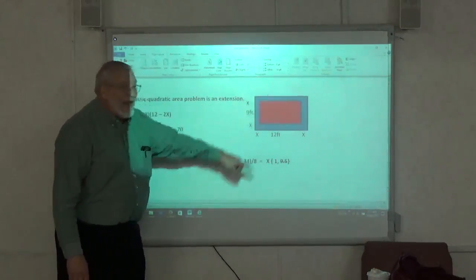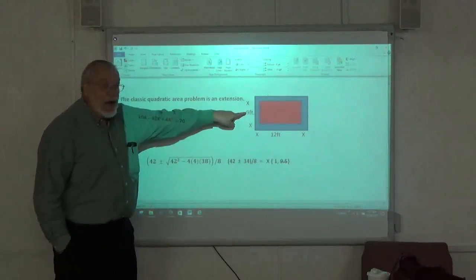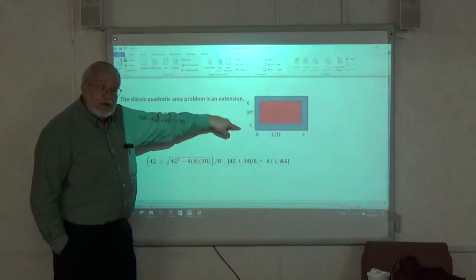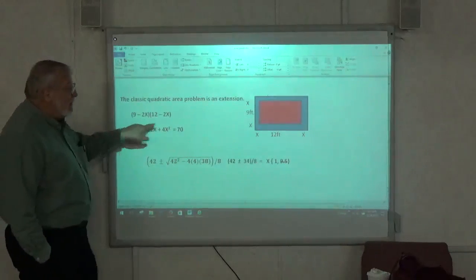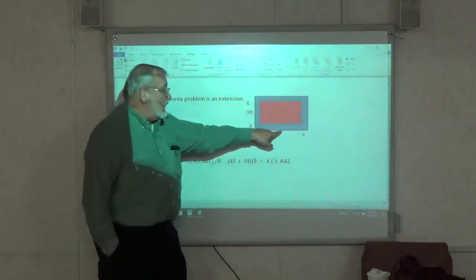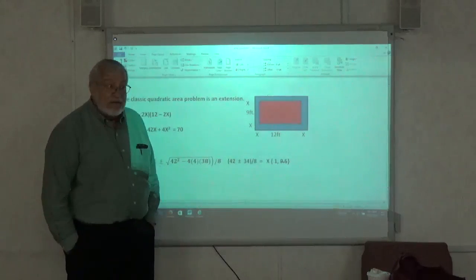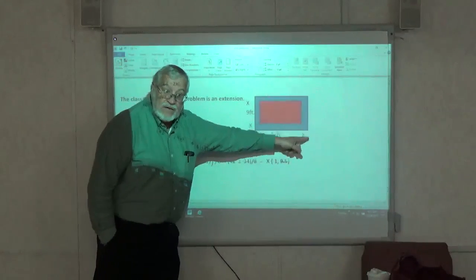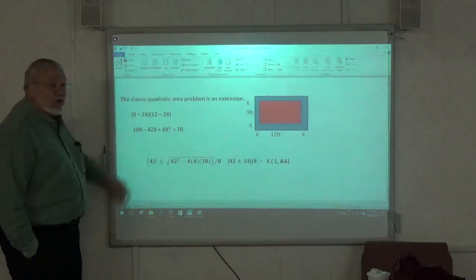Then what will be the red width? It'll be 9 minus 2x, one for the top, one for the bottom. This whole length was 12. Then what will be the length of the red? 12 minus 2x.